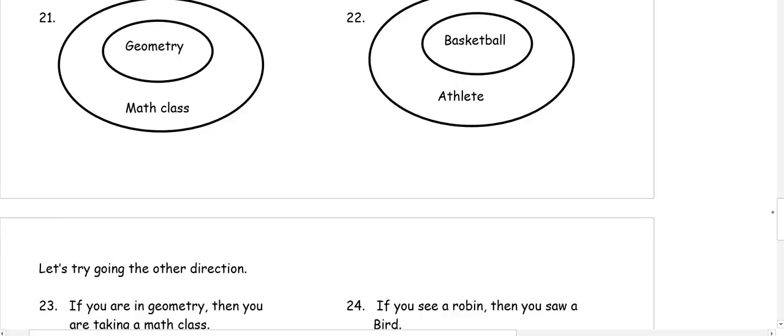So 21, we want to write an if-then statement given geometry inside the little circle and math class inside the big circle. So we could say, if you are in geometry, then you are in a math class.